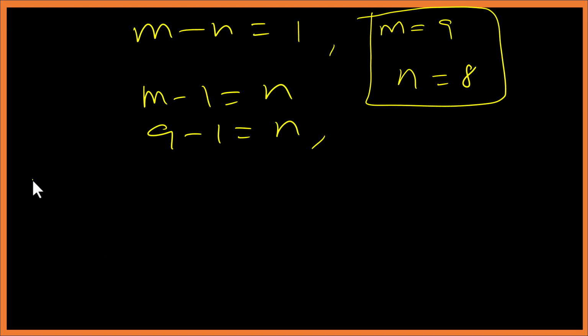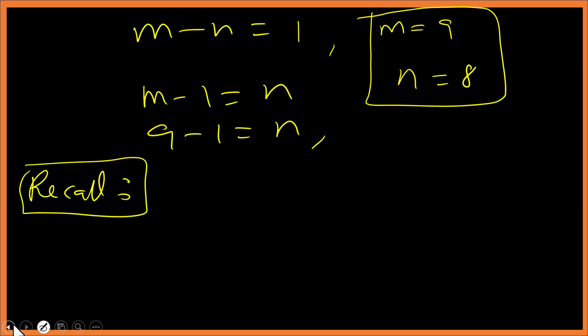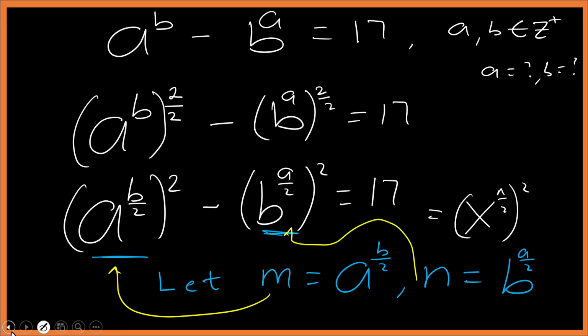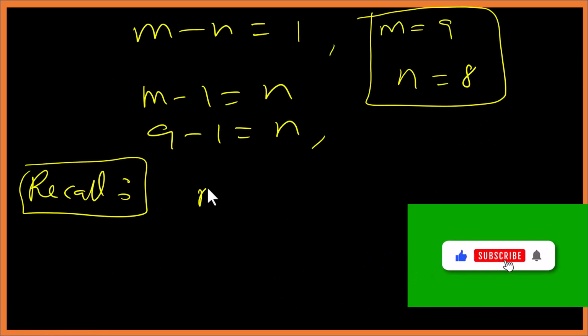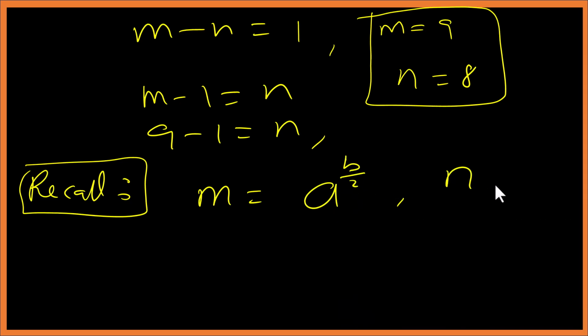Now let's go back and check the equations. We have m equals a raised to b on 2, and n equals b raised to a on 2. Now let's do substitution. From here, m is 9, which equals a raised to b on 2.